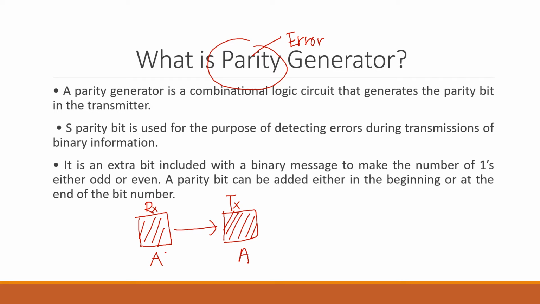The parity checker is the simple technology to check whether there is any error during this transmission. Basically, it is a simple technology to detect the error. Alright, so next slide.